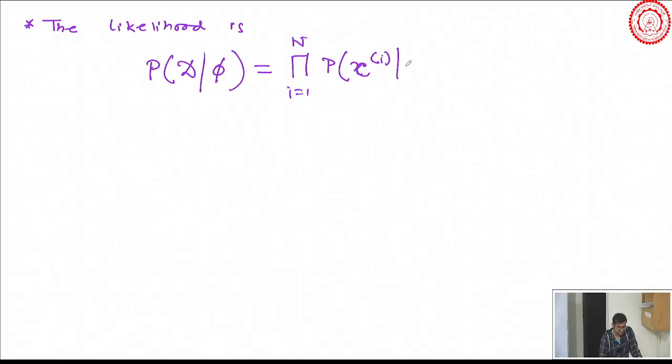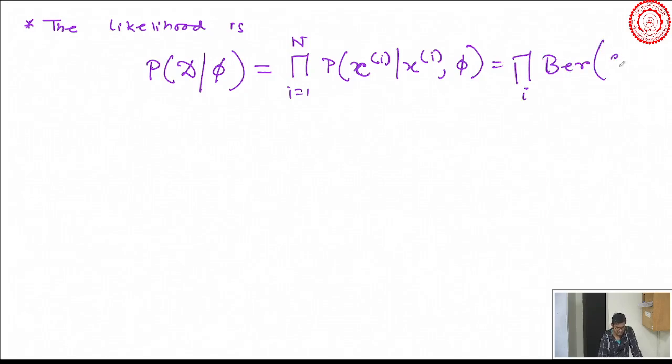C, this is C, not X. Given Xi, comma phi. And now this distribution is actually Bernoulli because C is either 0 or 1. So it's Bernoulli. So this is equal to the product over i of Bernoulli, with parameter being your class, given your classifier d phi of xi.